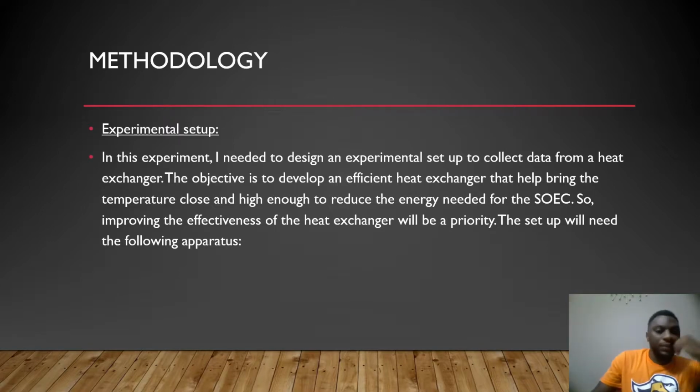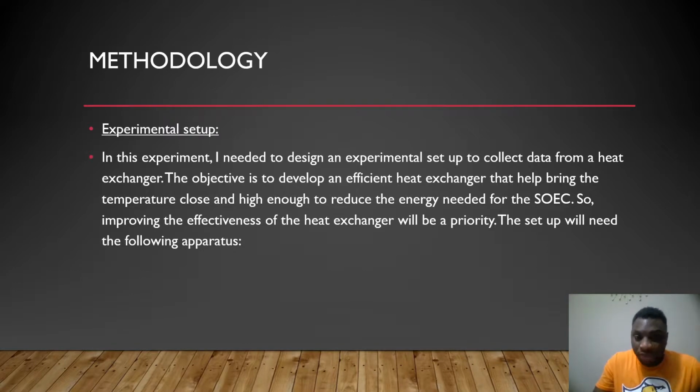So, the methodology for this experiment will be to design an experimental setup to collect data from a heat exchanger. The objective will be to develop an efficient heat exchanger that helps bring the temperature close to or high enough to reduce the energy needed for the SOEC.